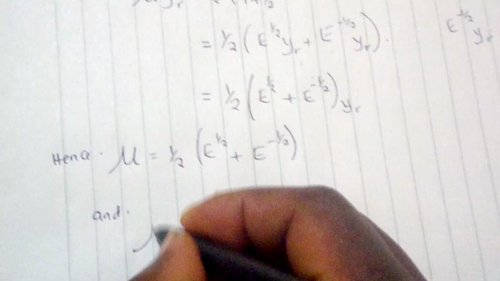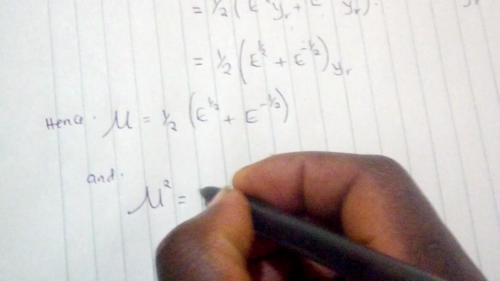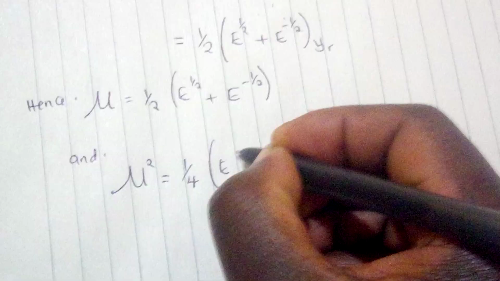And so when we square this, the averaging operator squared is equal to, when we square this, a quarter into e to power a half plus e to power negative a half, squared. Then we have is equal to 1 over 4, e plus e to power negative 1, plus 2.